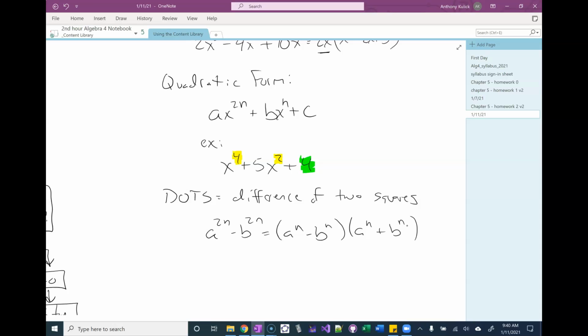We'll do some examples with that in a moment. But this is really just the more general version of a squared minus b squared equals a plus b times a minus b, which we used a lot last semester and should be pretty comfortable with.